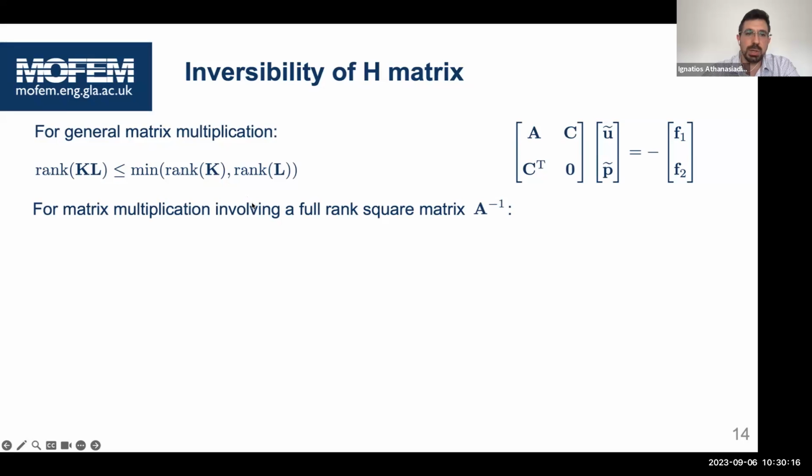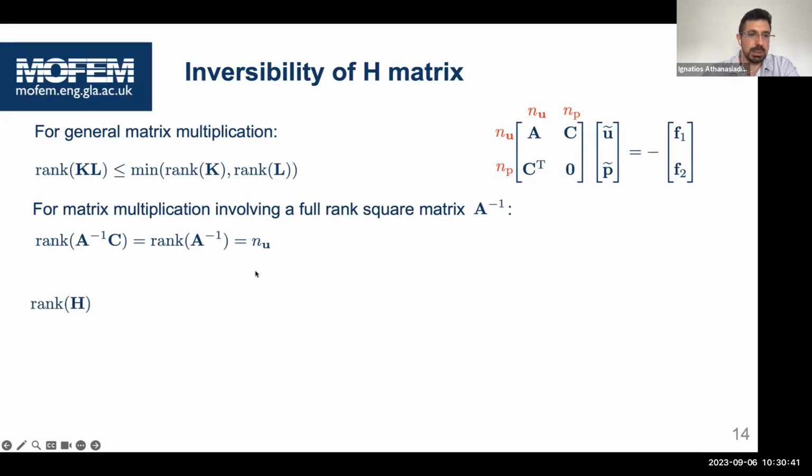But here we take into account a matrix that we a priori consider full rank: A minus 1 and A are both invertible, in order to understand whether H is invertible or not. For this particular case, when one of them is a full rank square matrix, the rank of this multiplication is equal to the number of unknowns of this square matrix.